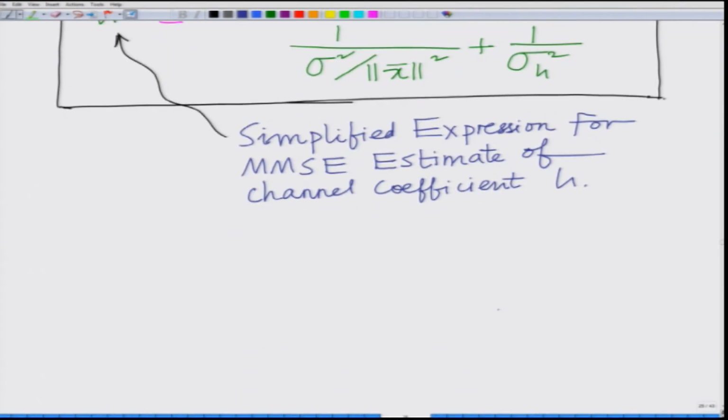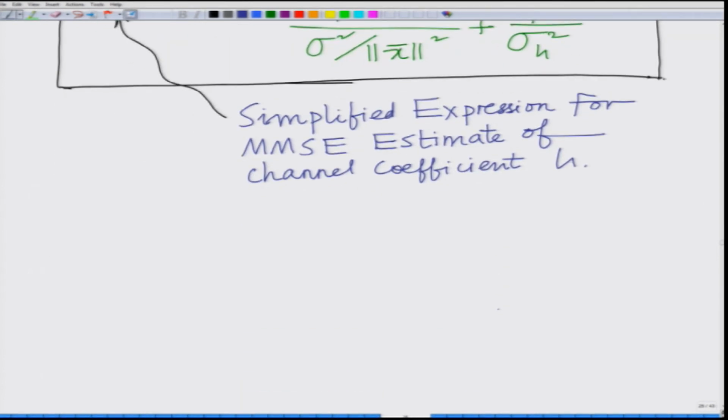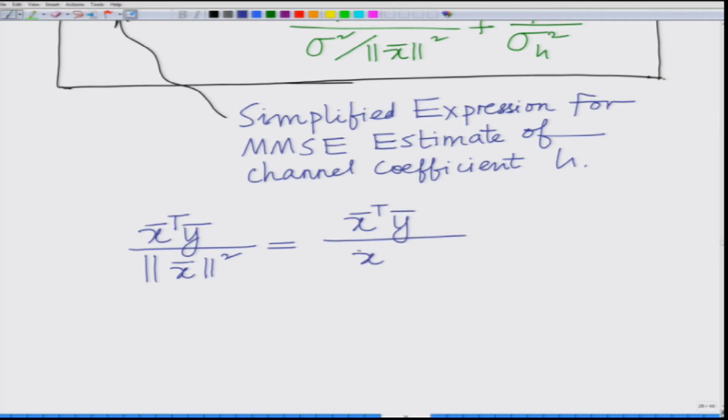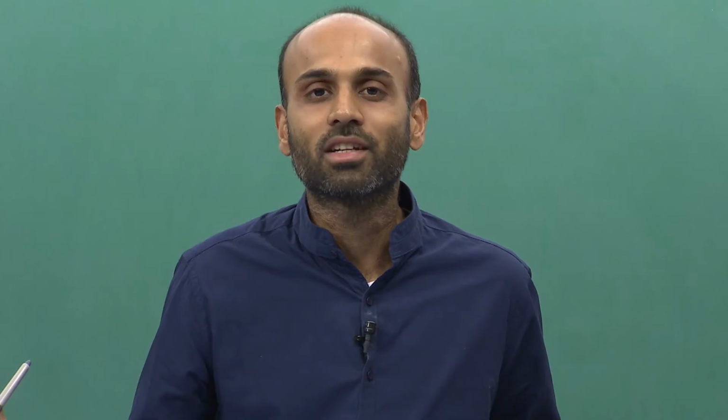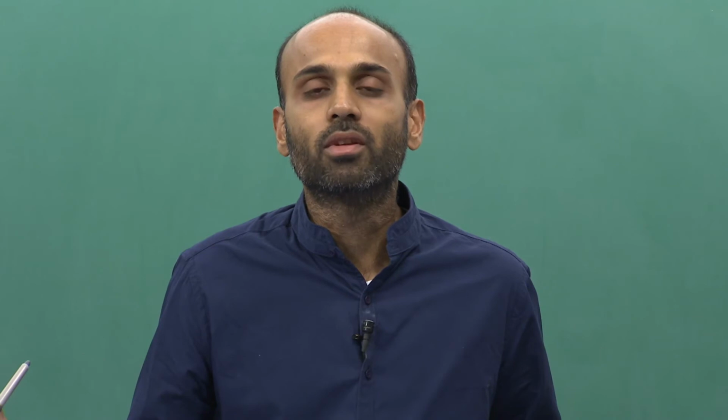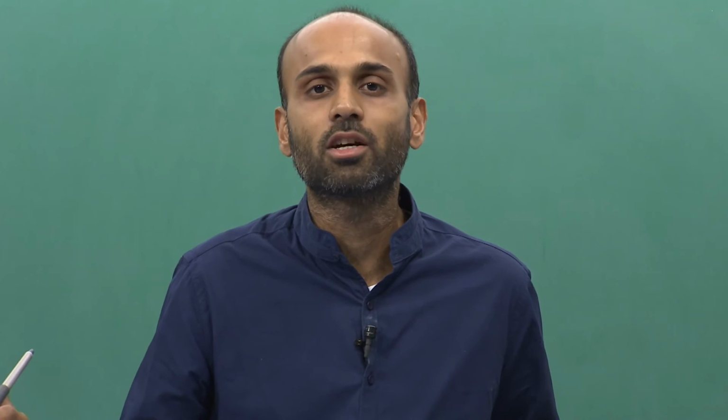And now, look at all the quantities that are involved. We have x bar transpose y bar divided by norm x bar square, which is basically the same as x bar transpose y bar divided by x bar transpose x bar, and you can see that this is the maximum likelihood estimate of the channel coefficient H. Some of you might not be familiar with maximum likelihood estimation if you have not done the previous course, but it does not matter.